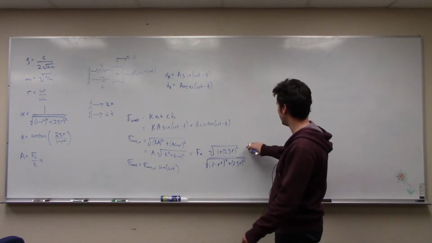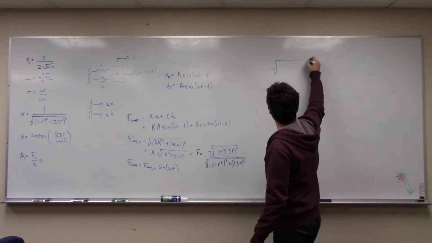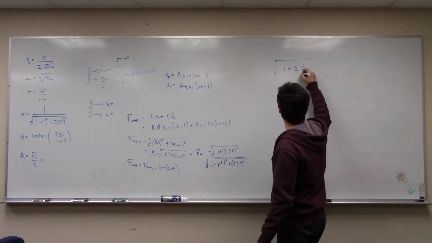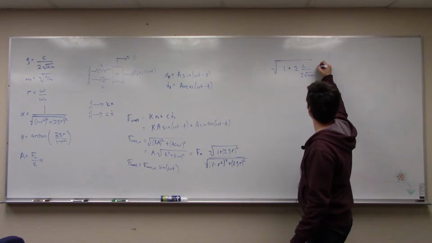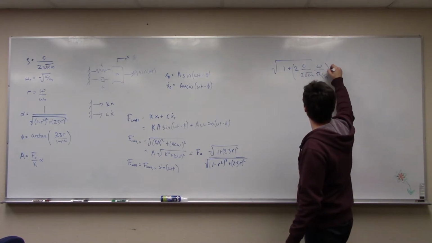All we really have to do is look at that part. That becomes the square root of 1 plus 2c over 2 root km times r, where r is omega over omega n, and omega n is root k over root m, all squared.